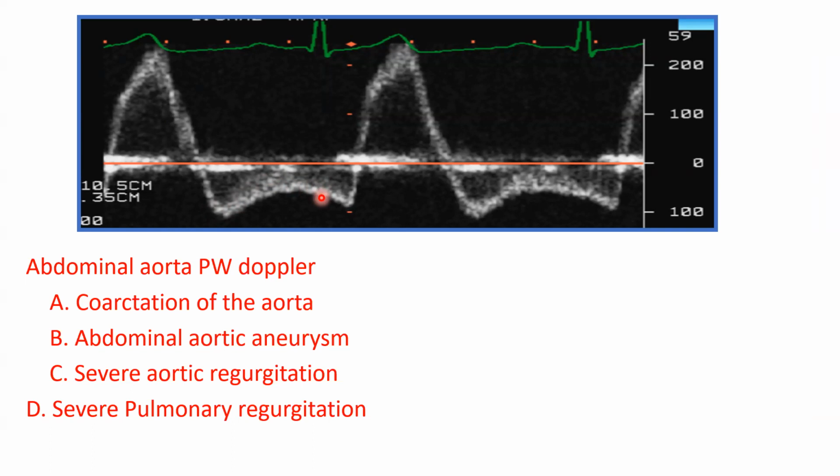Reversal in the abdominal aorta indicates severe aortic regurgitation, especially when there is reversal during the whole diastole. If there is only early diastolic reversal, it may be due to hyperdynamic circulation. But full diastolic reversal indicates severe aortic regurgitation.